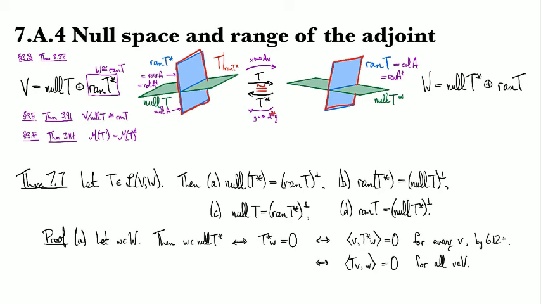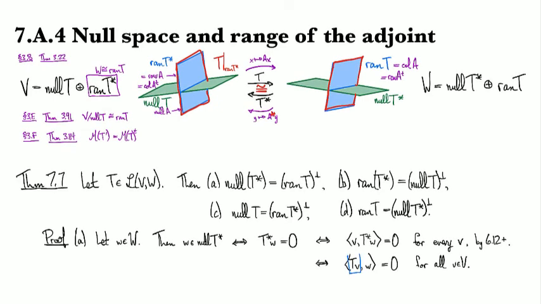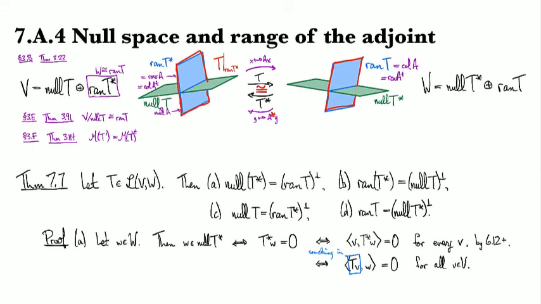Now, take a look at what that says. The way to read this is to look at the thing on the left side and interpret this as something in the range of T, right?